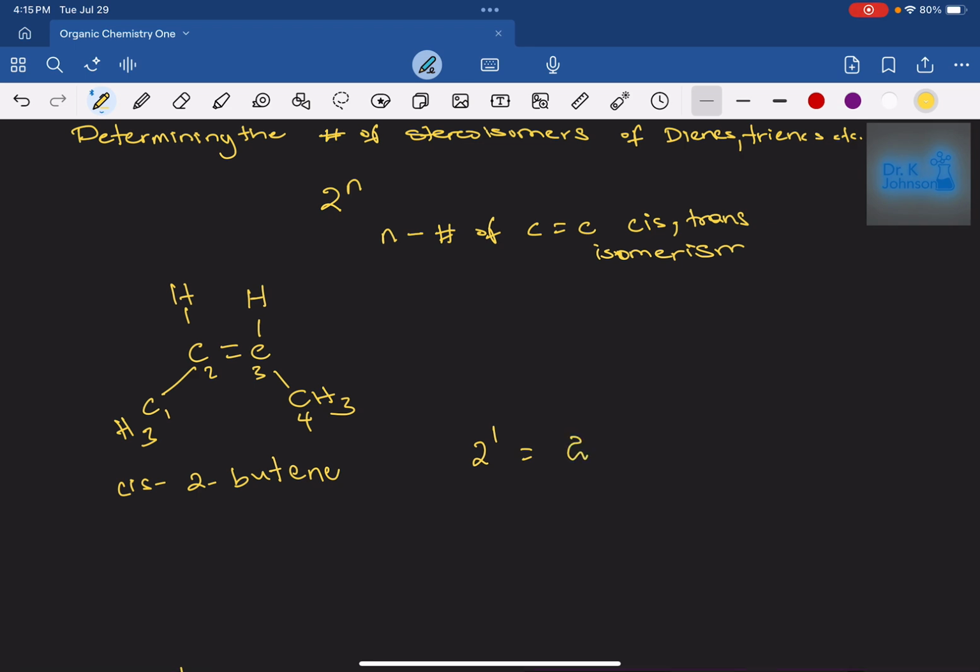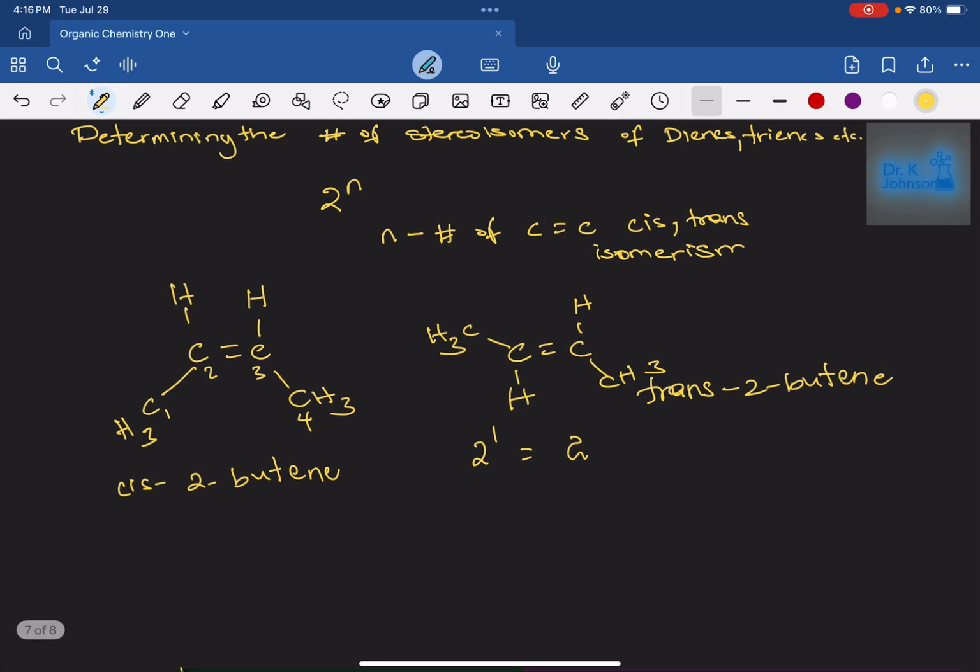Which means that for 2-butene, and I have one of the isomers here, you can draw 2 stereoisomers. The second stereoisomer is trans-2-butene. You can draw that. Trans-2-butene is simple. You literally just put the hydrogens on opposite sides of the carbon-carbon double bond.